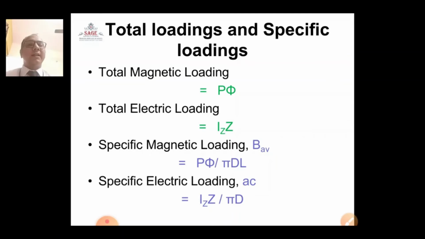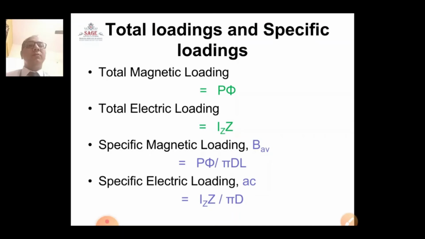You might have got a hint here that we are trying to relate electrical quantities like Iz into Z, or magnetic quantities like P into phi, with the main dimensions of the machine like pi D L and pi D.